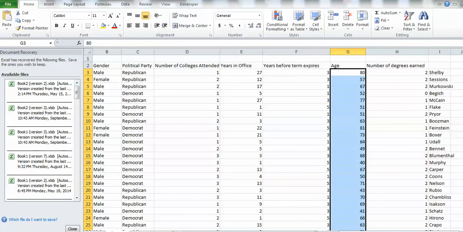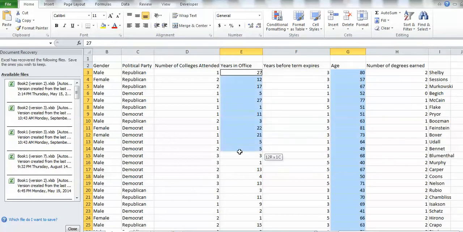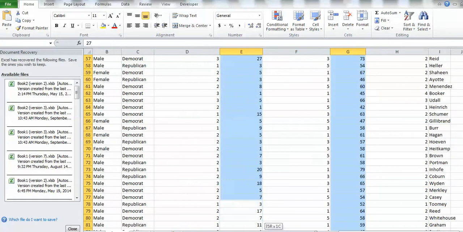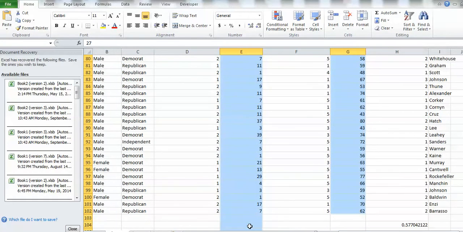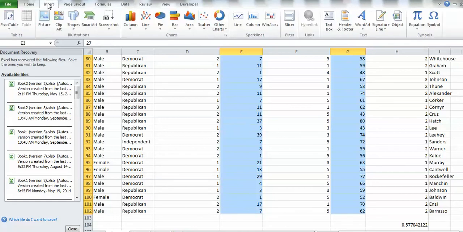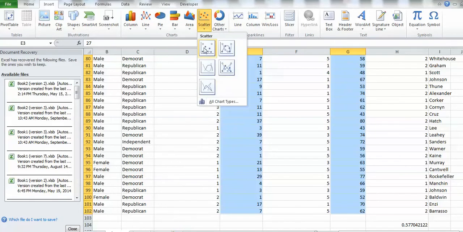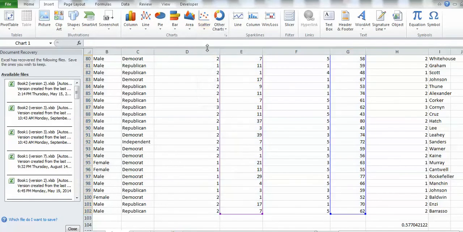If we press Control, we can highlight the other column, even though the two columns aren't next to each other. We go up here to where it says Insert, and then we go to Scatter, and then we go right here to the icon at the top left.